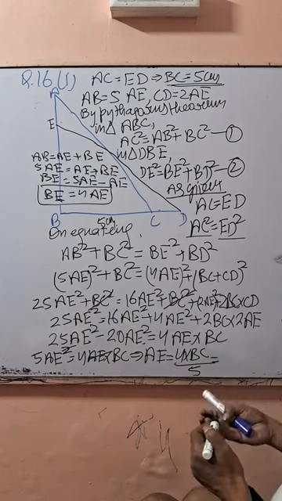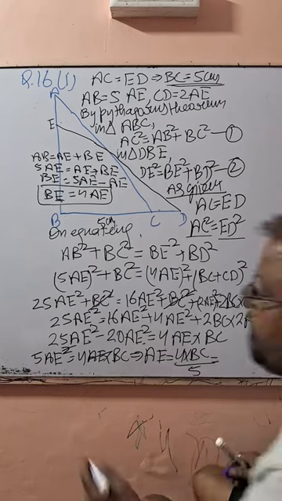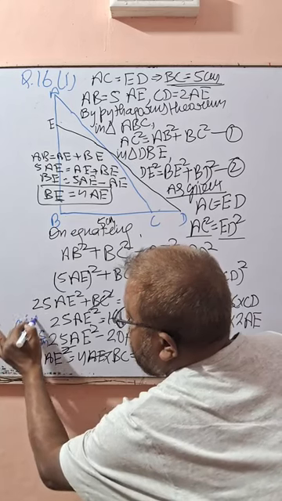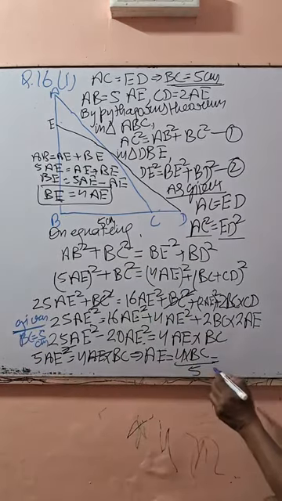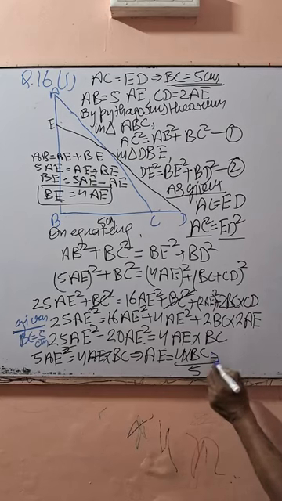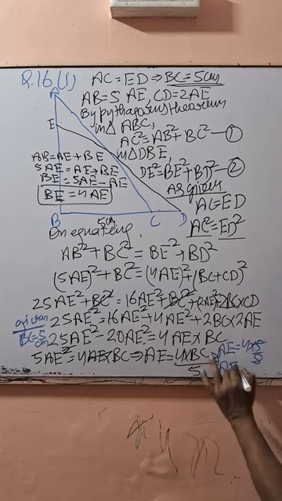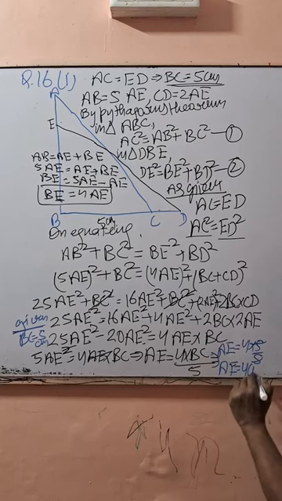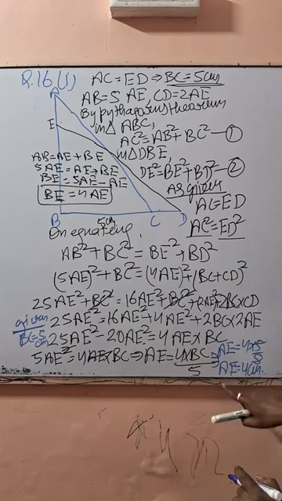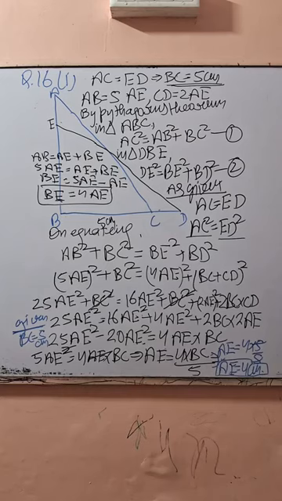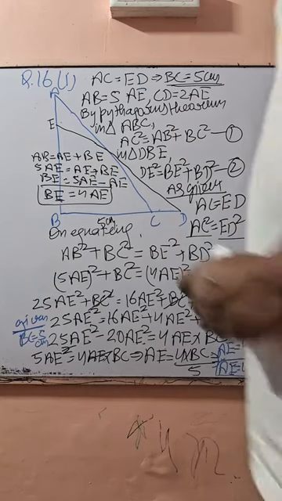BC is given as 5 centimeter. So in that case AE is equal to 4 into 5 upon 5, cancel out. So AE is equal to 4 centimeter.